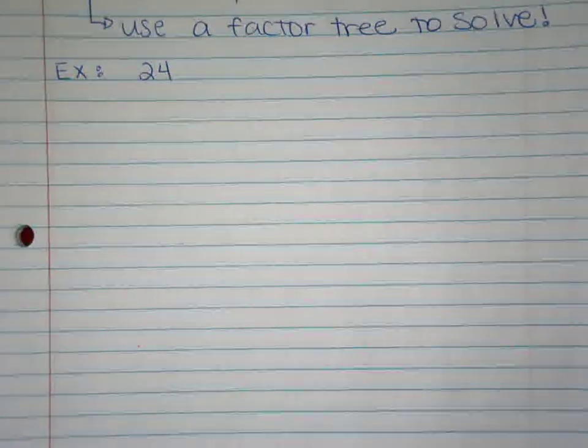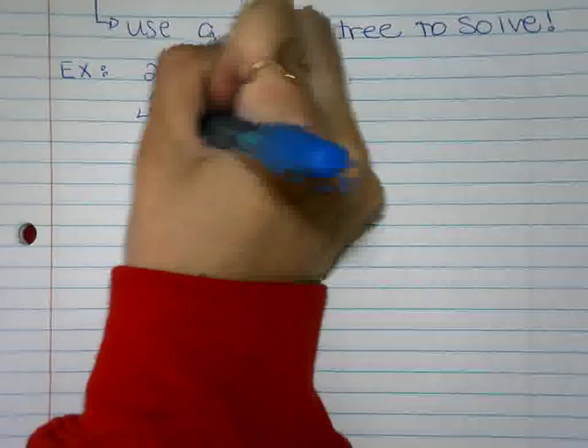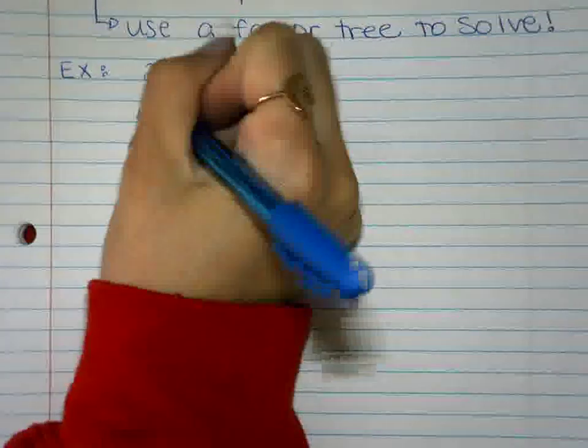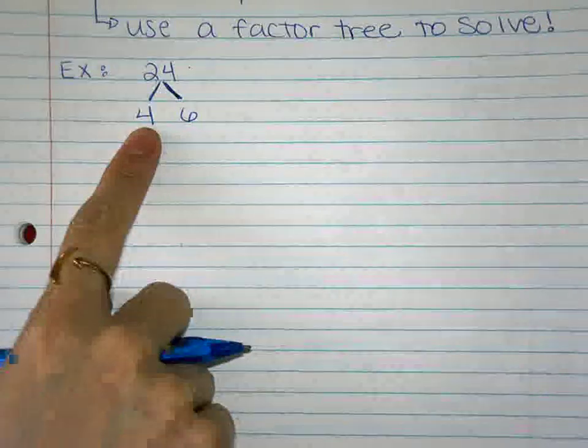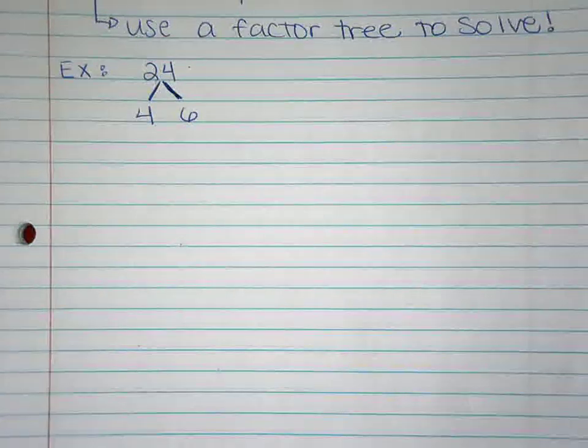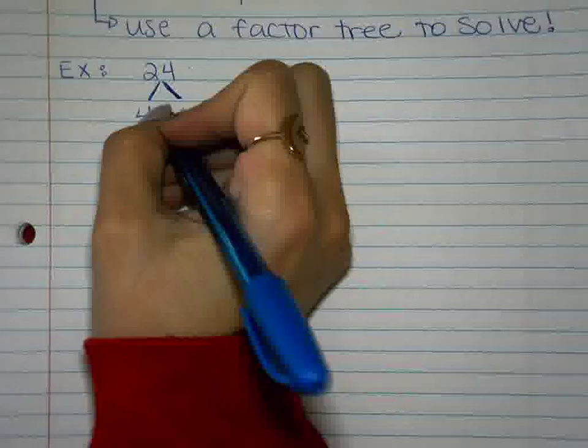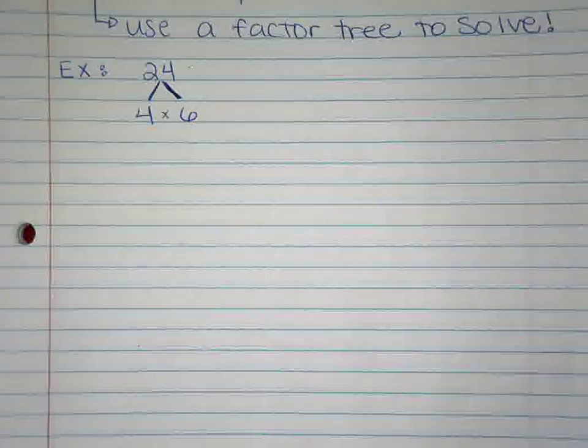Any factor that's whatever times whatever equals 24. The first set of numbers that pops into my head is 4 and 6. So I'm going to make a tree coming out of 24 with 4 and 6 because 4 times 6 is 24.